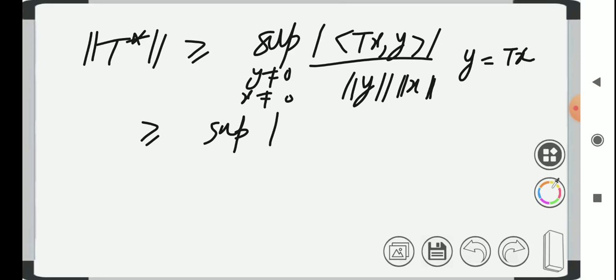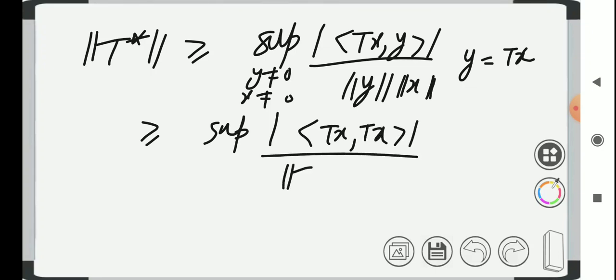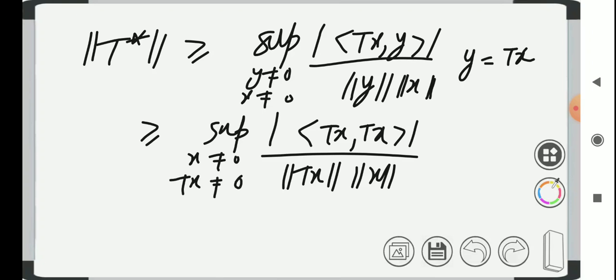So we can write this as the inner product of Tx with Tx over norm of x, where x is a non-zero vector and Tx is also non-zero, which is clearly the supremum over x non-zero.